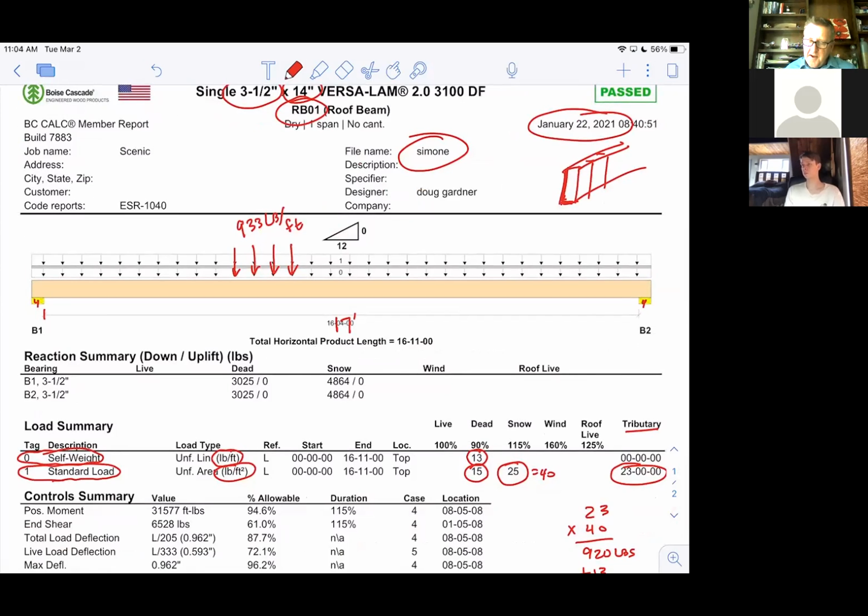So does it make sense if I have 933 pounds on every single foot and it's 17 feet long? Notice the feet would cancel. 933 times 17. That's a total of 15,861 pounds that's on that beam.